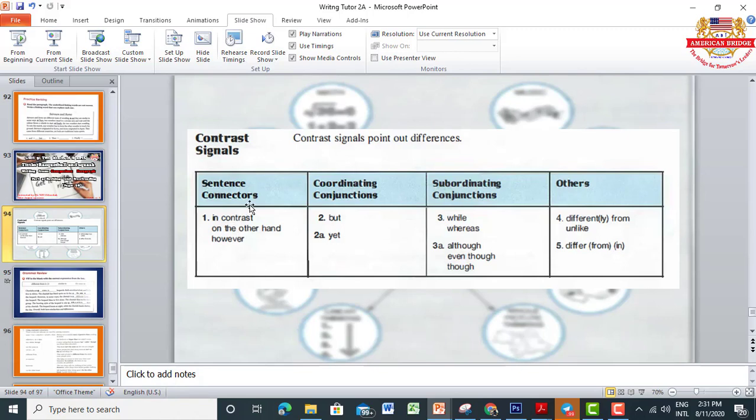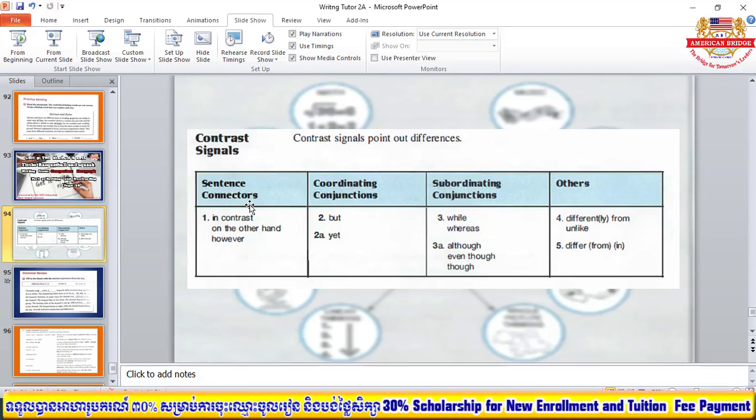You see here the contrast signals that you have learned so far. We have the sentence connectors like in contrast, on the other hand, and however. Normally these words are followed by a comma and then a sentence. And coordinating conjunctions like the words but and yet. But shows contrast, yet also shows contrast, but with a negative meaning.